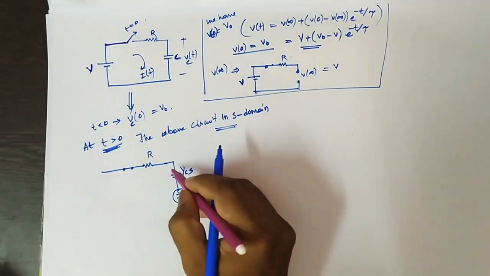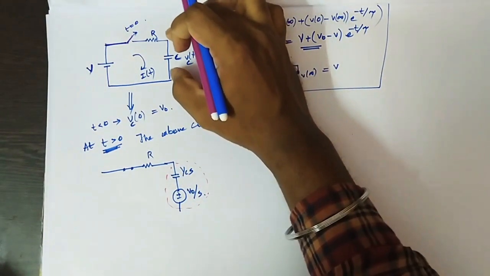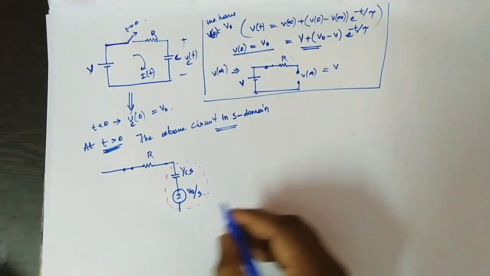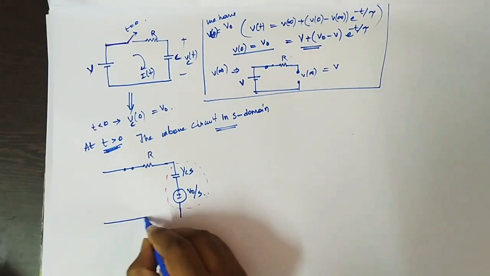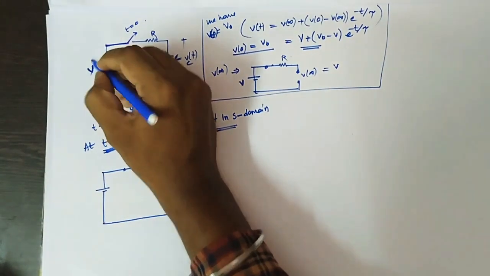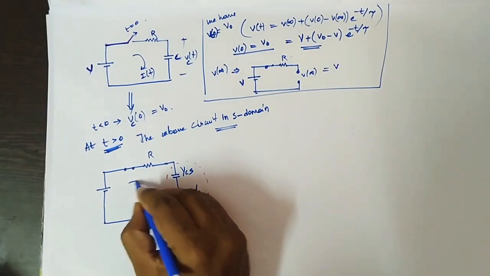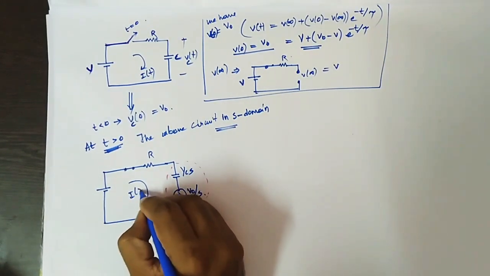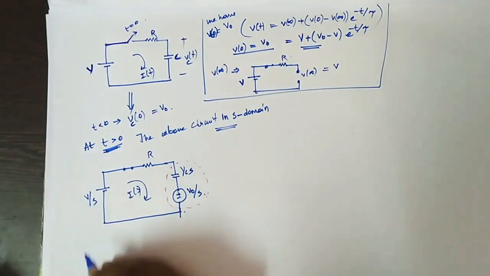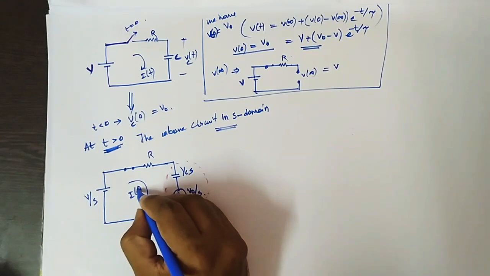You already know this. This is the main part you need to represent, because we are dealing with change in voltage across the capacitor. And this input magnitude is also constant, right? So the entire thing should be in Laplace domain. So the current I is also I of s, and the voltage V will be represented by V by s. Now find I of s.